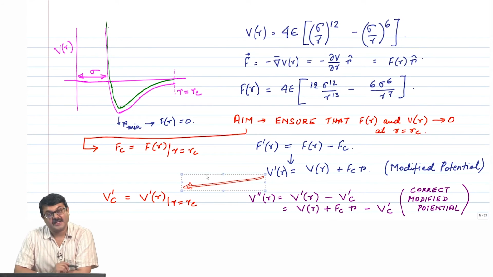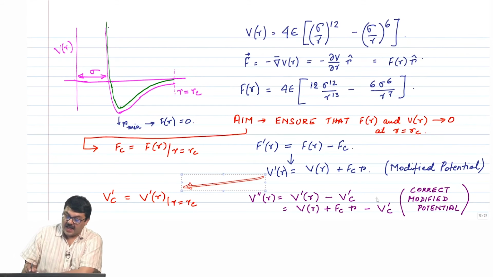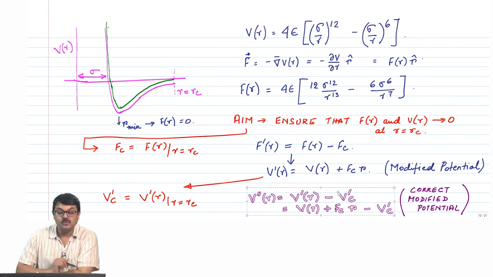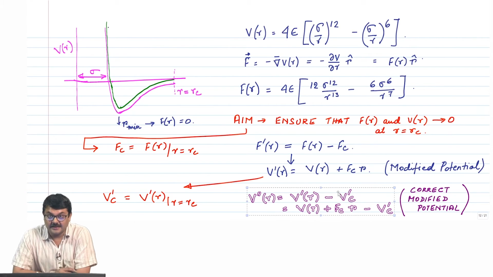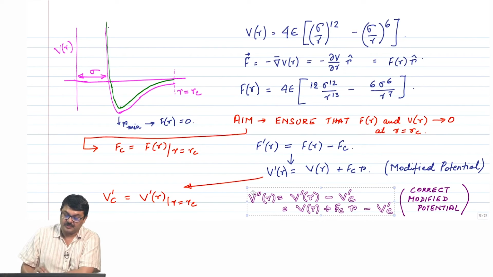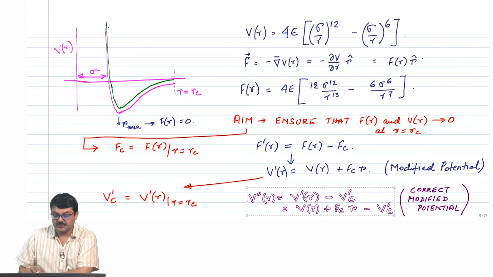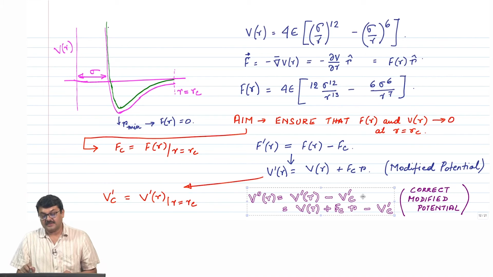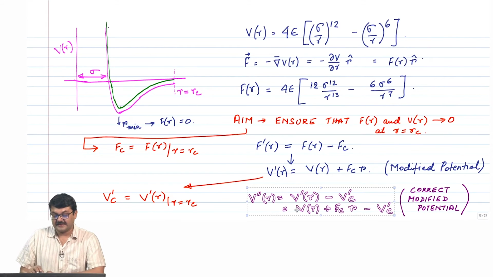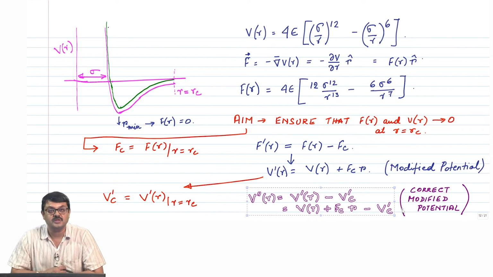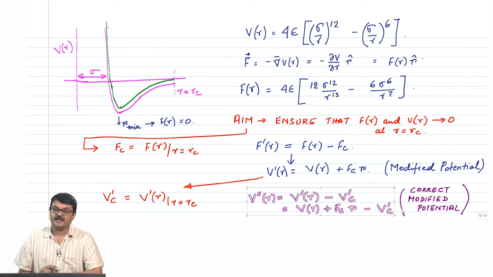right, at r equal to r c, and you choose your new corrected modified potential to be V double dash r, which is V dash r minus V dash c. And now, this quantity, which is basically V of r plus f c r minus V dash c, goes very smoothly to 0 at r equal to r c and remains 0 beyond r equal to r c.